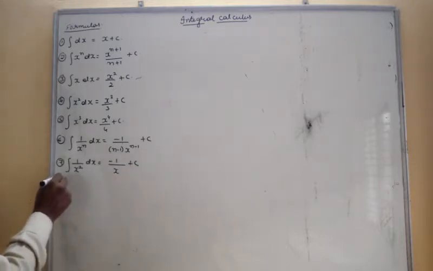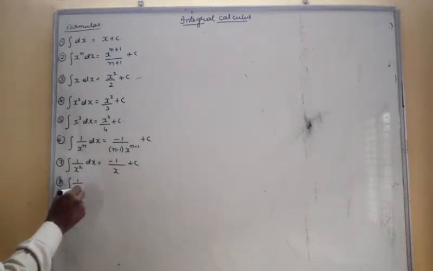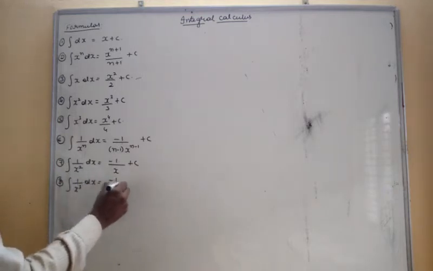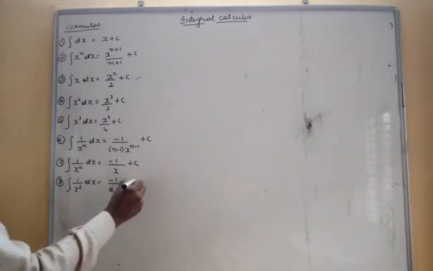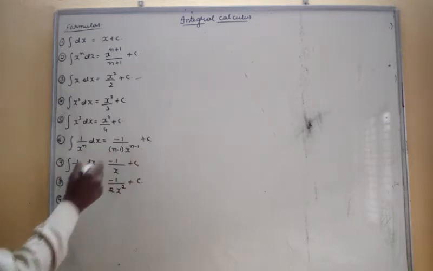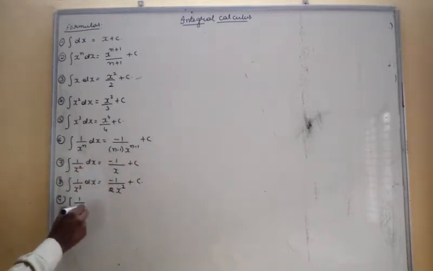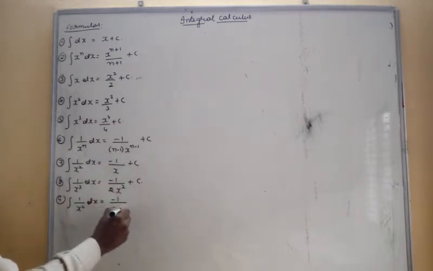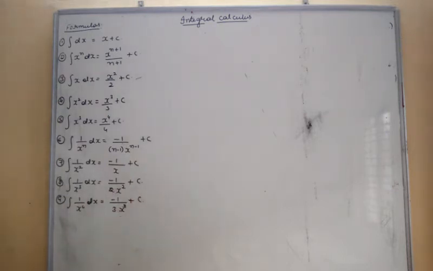Then integration of 1 by x cube is minus 1 by 2 into x to the power of 2 plus c. Again, you have to apply this formula. Integration of 1 by x to the power of 4 means minus 1 by 4 minus 1, that is 3, then x to the power of 4 minus 1, that is 3, plus c.